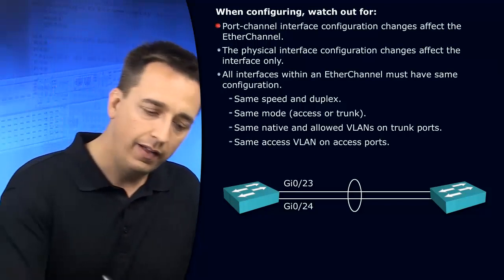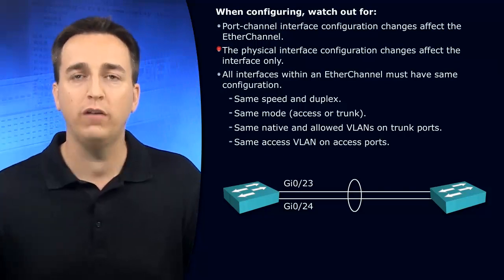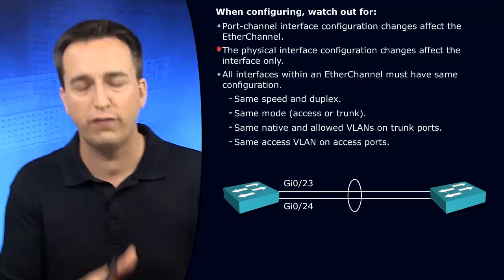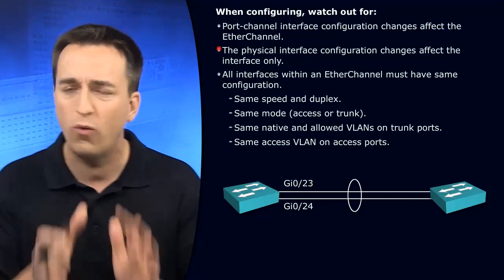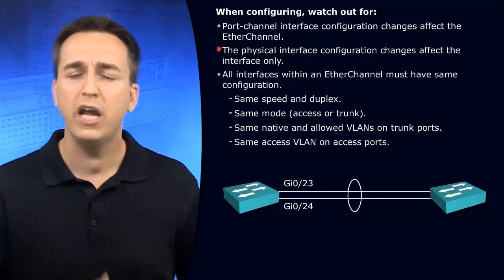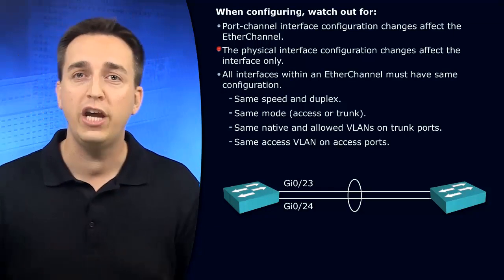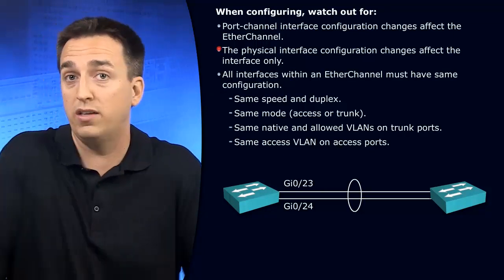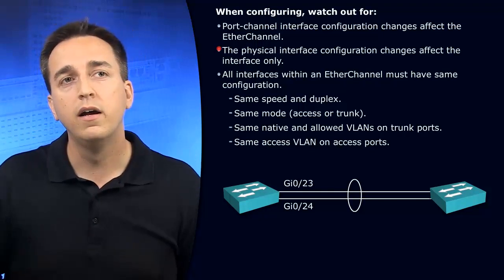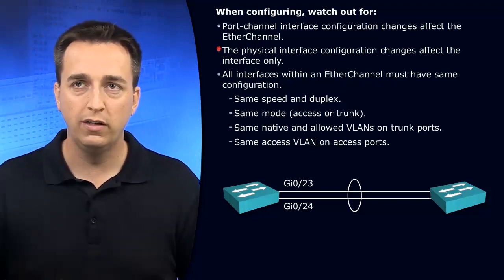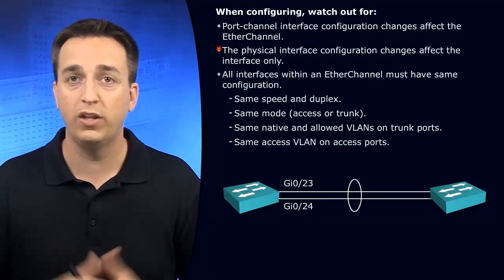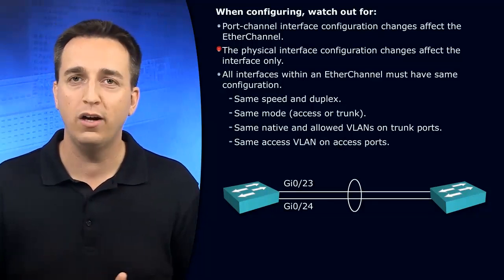What's not okay is making changes to the physical interface itself. Because if you make a change to the physical interface, you type in interface gigabit Ethernet 1/0/5, and you say switchport mode trunk, that only changes that interface. It doesn't change gigabit Ethernet 1/0/6, which may be part of the same bundle, and it doesn't change the port channel. So now we have a misconfiguration with our EtherChannel, and as a result, we'll have a failure.